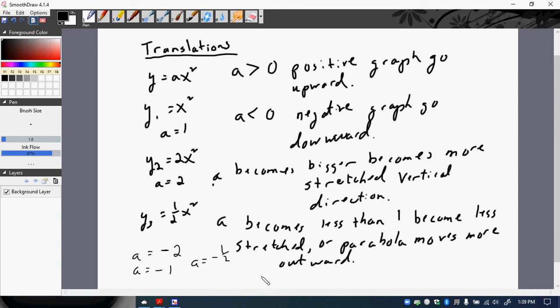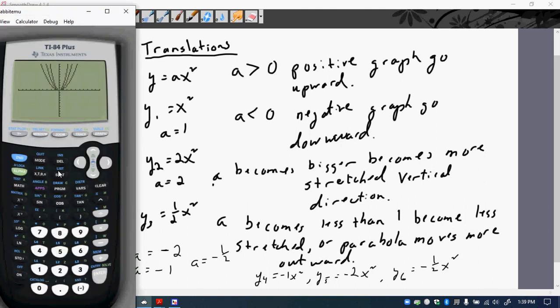Well, we could have y4 be -1x squared, y5 be -2x squared, and y6 be -1/2x squared. So if we put those in, you can start to see what's going on.